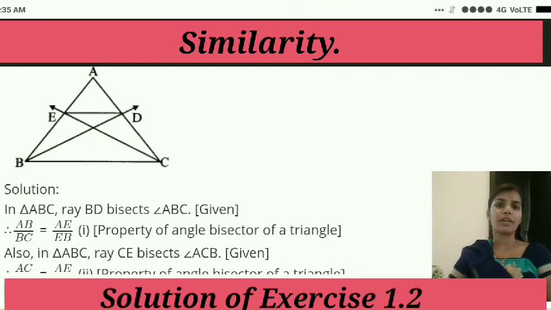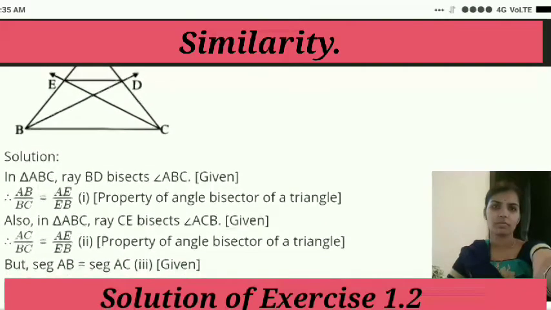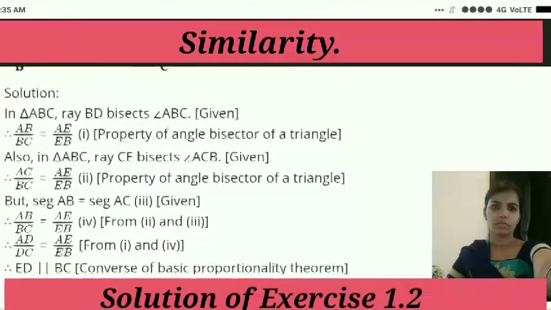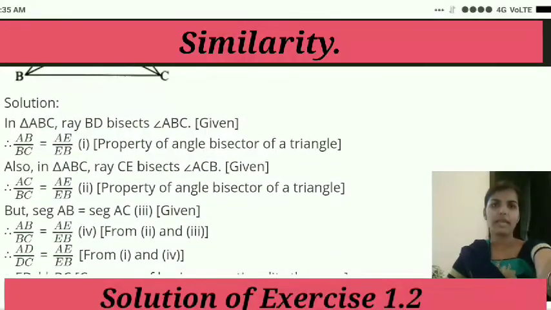Okay. And then in this triangle ABC, ray CE bisect angle ACB. Then again our ratio is AC upon BC is equals to AD upon DC. Okay. But AB is equals to AC. So from 1 to 3 what we get?